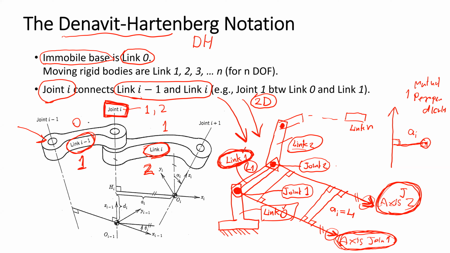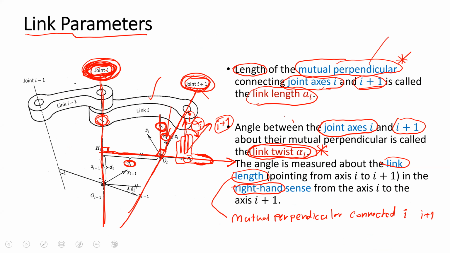What's the question? The question is, what is the link twist, or the alpha, of link 1? The link twist is the angle between the direction of joint i and joint i plus 1.